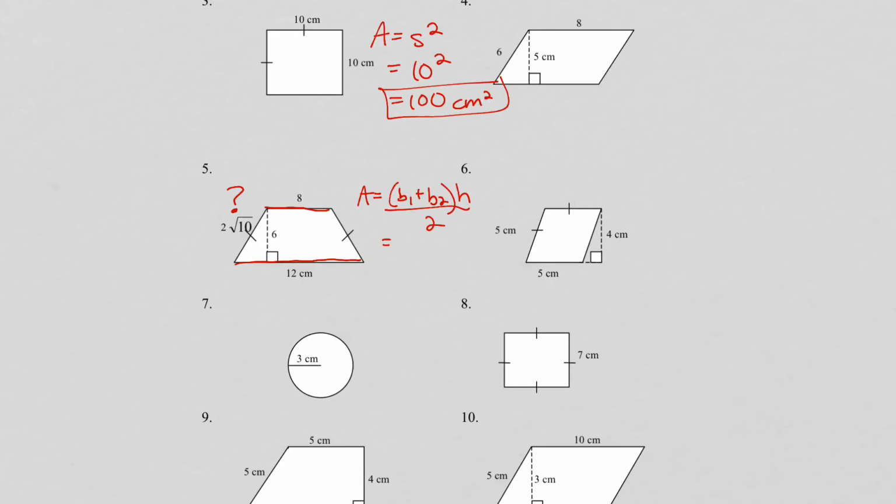All right, so we need 8 plus 12 times the height, which is 6, and then divided by 2. That's about 120 divided by 2, which is 60 centimeters squared.